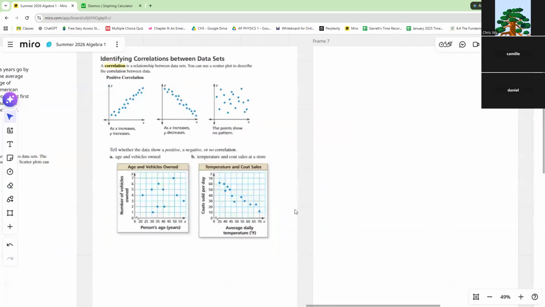Okay, cool. So very quickly, Daniel, based on the three pictures above and the bottom left picture, the person's age and the number of vehicles owned, is there any correlation between them? What kind of correlation exists between these two quantities? For the bottom left picture, what do you think?